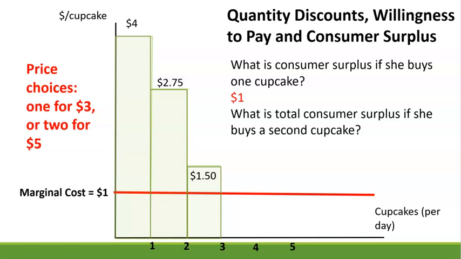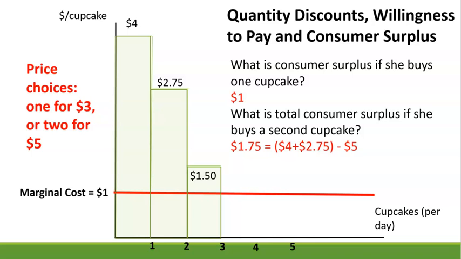So her total willingness to pay is $4 plus $2.75, and the total amount she'd have to pay in that case would be $5. So consumer surplus would be the difference, $1.75 in this case.